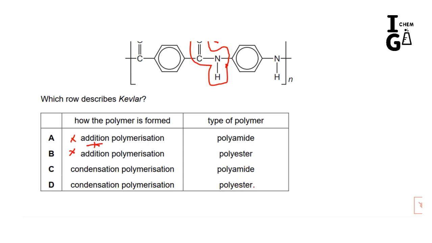You know guys, the word polyester means we have an ester link. Ester link means C double bond O, and then O. But here we don't have COO. We have NH and CO. This is amide linkage, so this is actually polyamide. So the correct answer is C. Okay, guys?